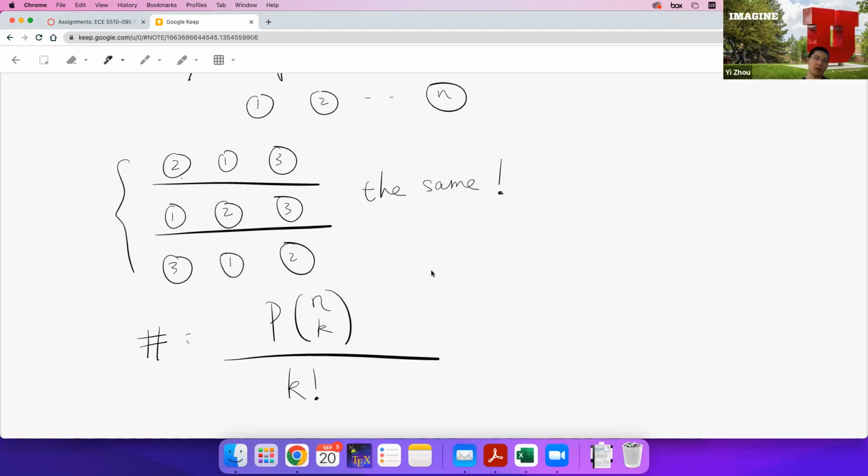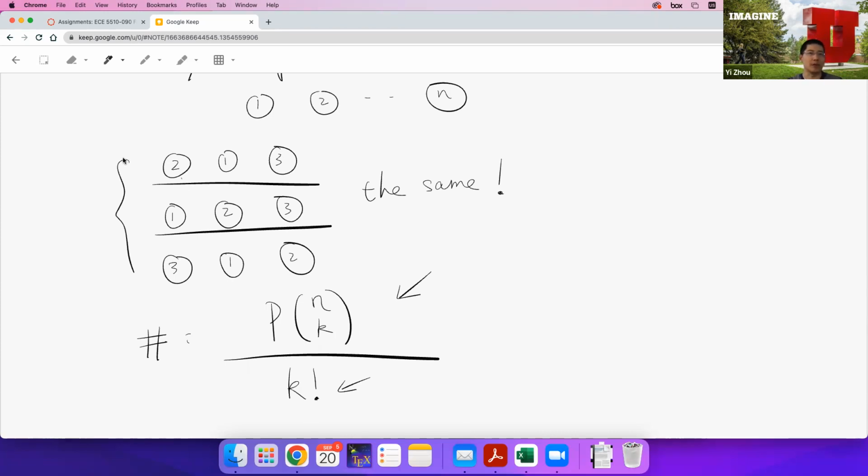Right. So in the numerator, this number is given by the total number of ordered lists of length K. But then for every ordered list of length K, you have this many possible permutations, right? So in order to remove those redundant permutations among these K objects, you are going to divide it by K factorial.